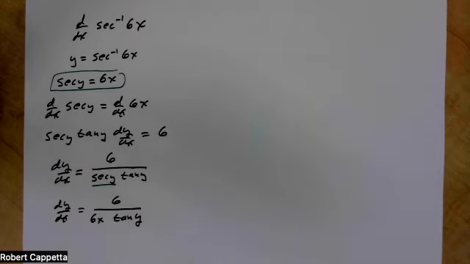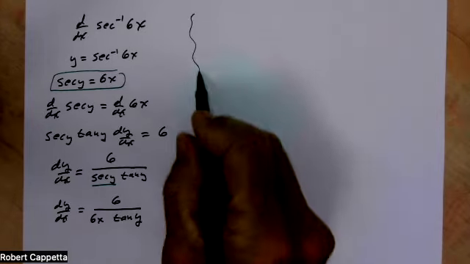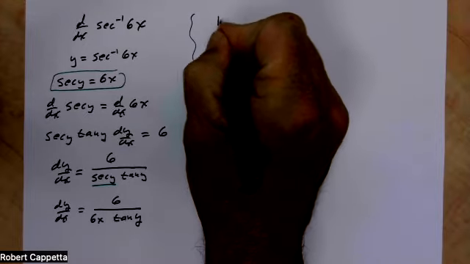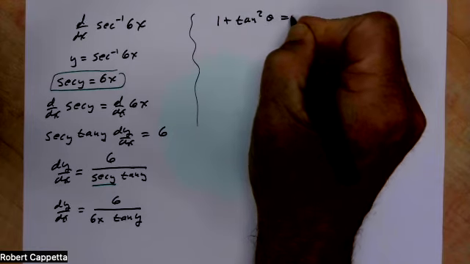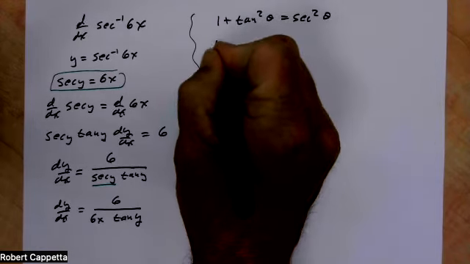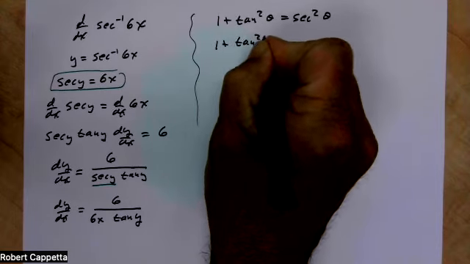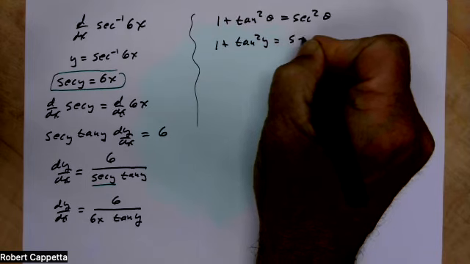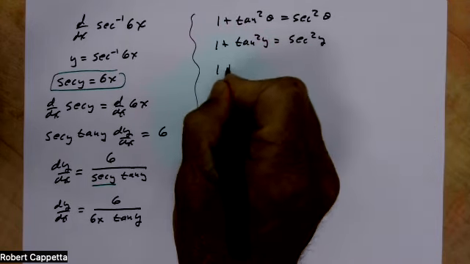All right. Now what is tangent y? I certainly could use the identity. I could recognize that 1 plus tan squared theta is sec squared theta. So I can certainly use y instead to say 1 plus tan squared y is sec squared y. But I know secant y is 6x.